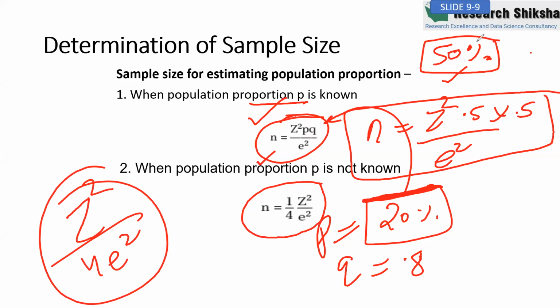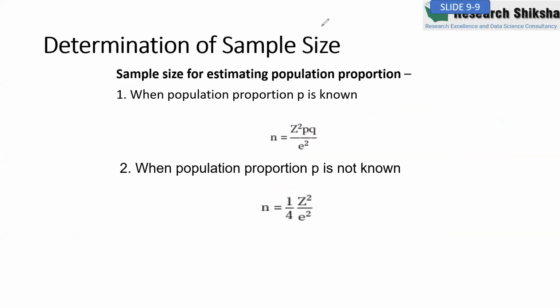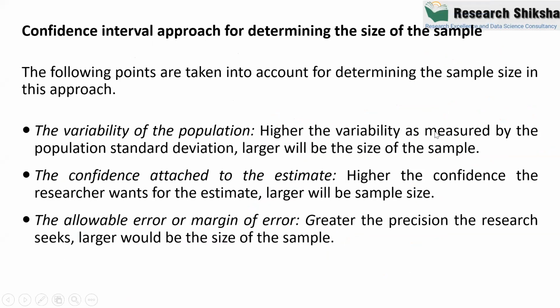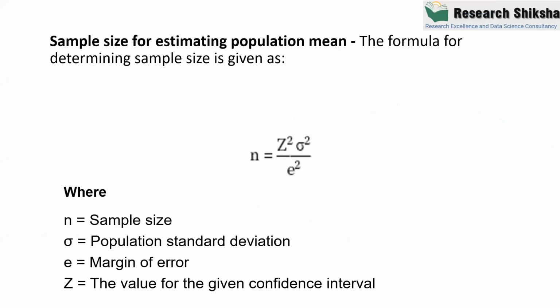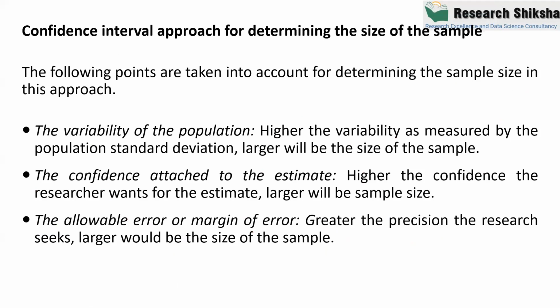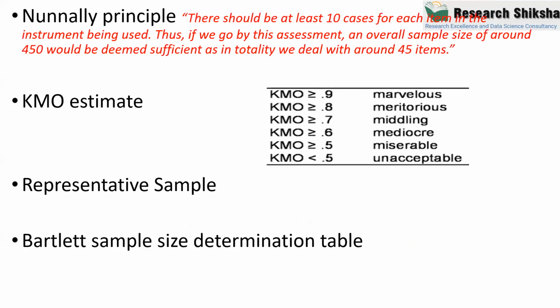But we have more practical methods compared to these formulas, which I am going to discuss now. I hope you understand the game of the formula. If you understand the game, you can apply this formula. But I'm telling you, we have much better methods, which I'm going to discuss.